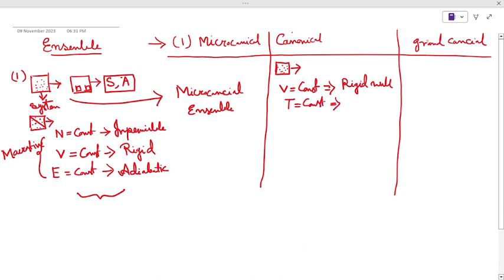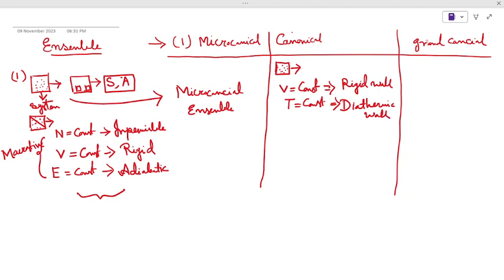How can T be constant? Only if heat can transfer from inside to outside of the system can T be constant. So this will be a diathermic wall.